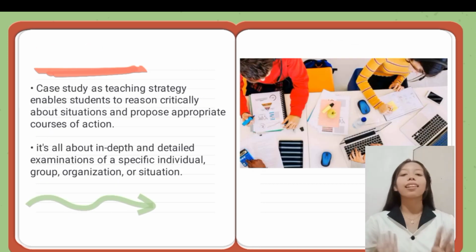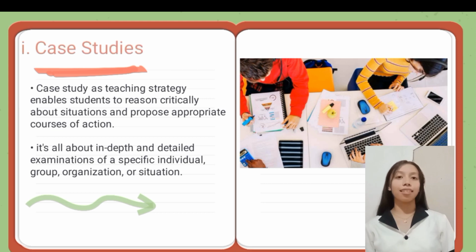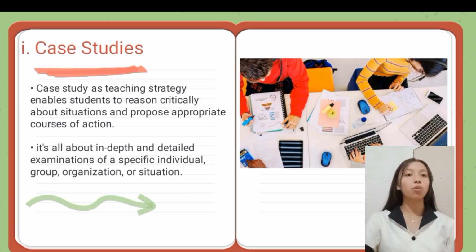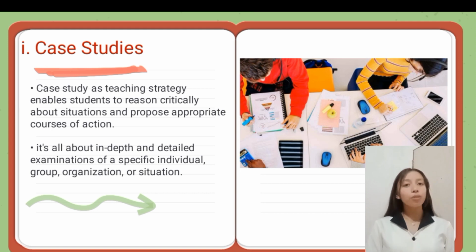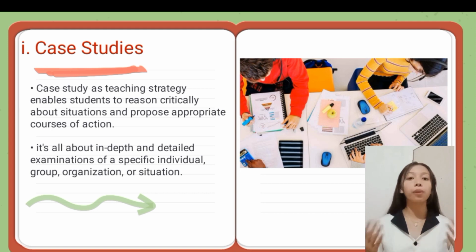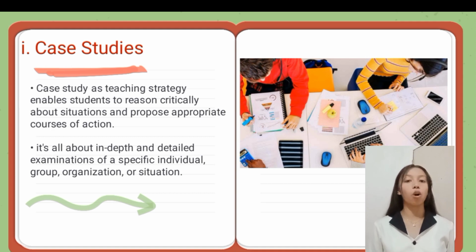The ninth learner-centered instructional strategy is the case studies. Case study as a teaching strategy enables students to reason critically about situations and propose appropriate courses of action. So, students are encouraged to explore the case, gather information, analyze different perspectives, and make solutions or recommendations.